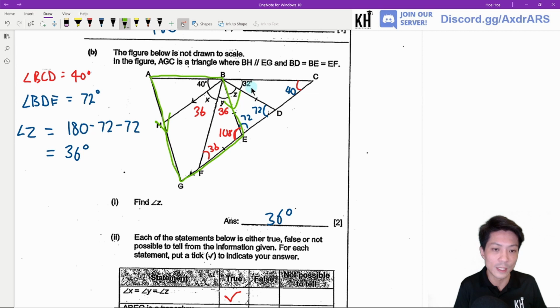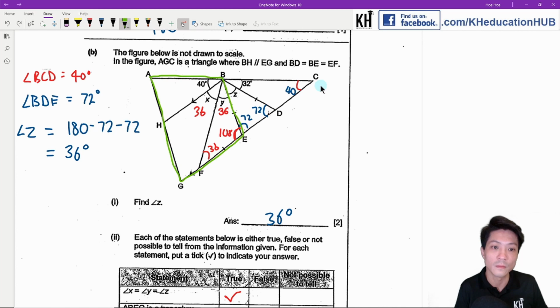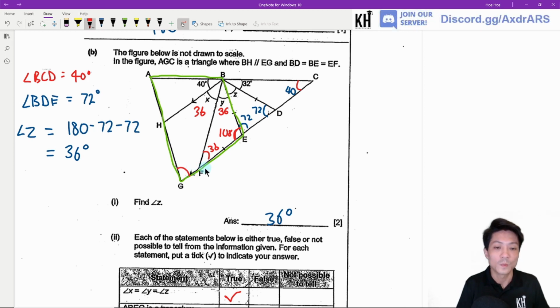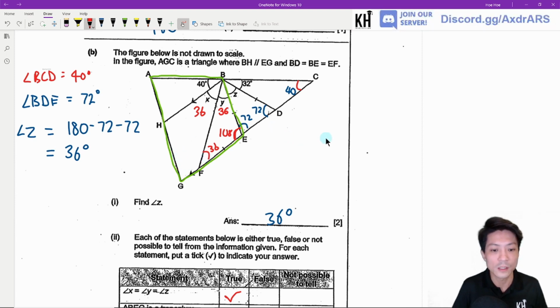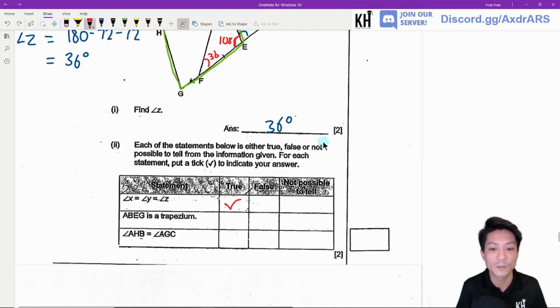Are we able to show that these two lines are parallel to each other? Unless I can find this angle over here and prove that this is 72. But I don't think there is any way that I can find this angle here. So this looks like it is not possible to tell.